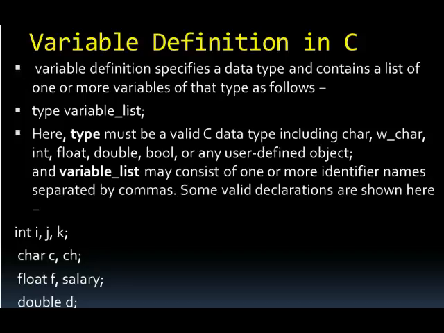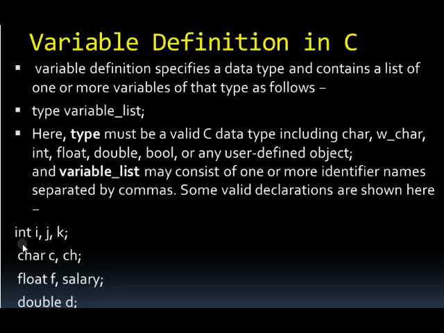The syntax is: type variable_list, where type is int, float, or anything, and the variable list is your desired names. Type must be a valid C data type, including char, wchar_t, int, float, or user defined objects, and variable list is one or more identifier names separated by commas.